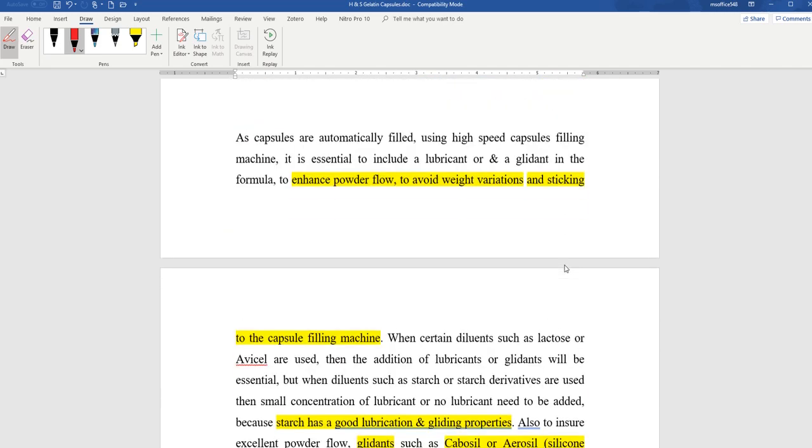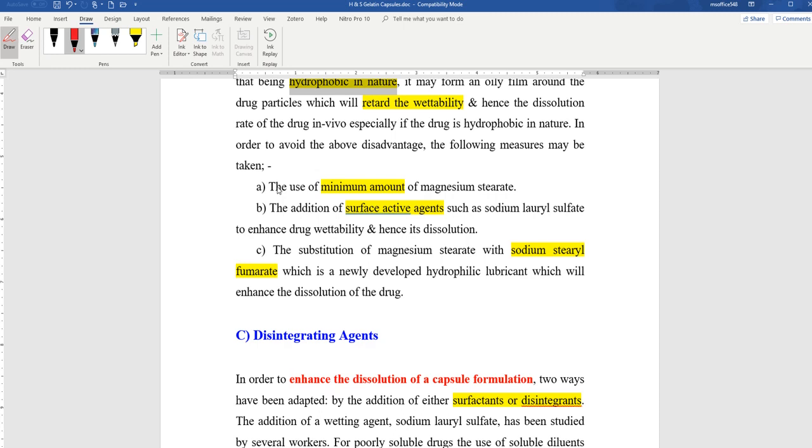So what is the solution for that? One is to use the minimum amount of magnesium stearate so that this hydrophobic layer is not thick. Number two, and I think you are studying this in physical pharmacy, is to use a surface active agent such as sodium lauryl sulfate, because you know that these surface active agents will help in wetting the plug, even though you have magnesium stearate.